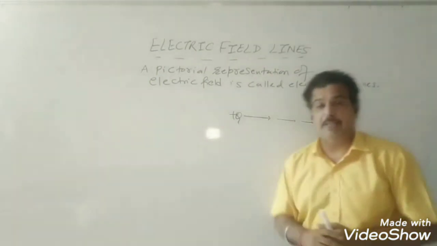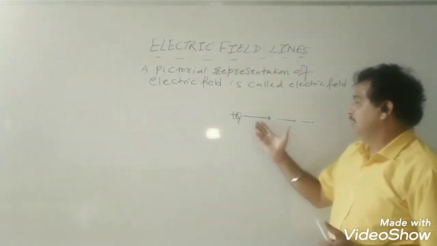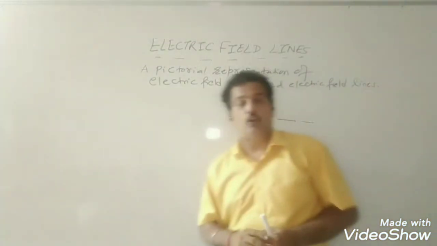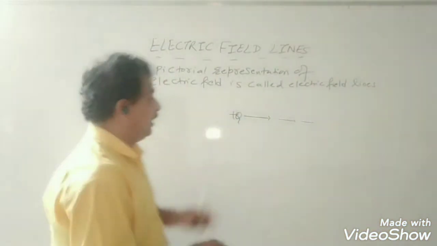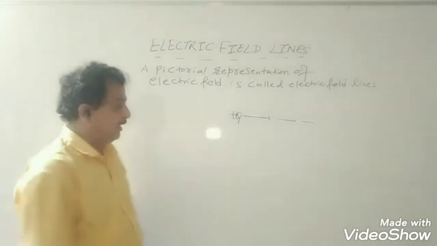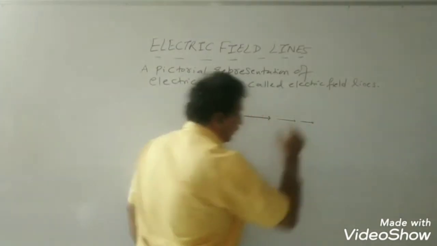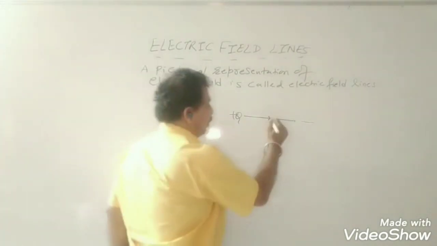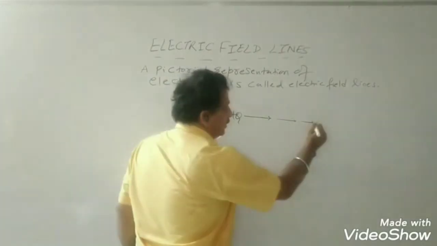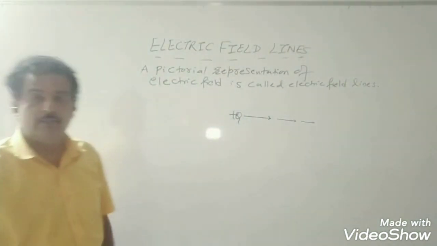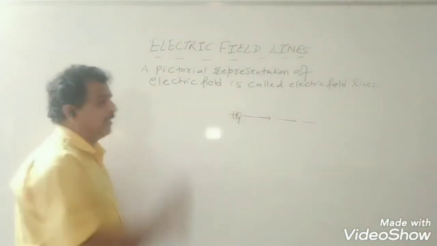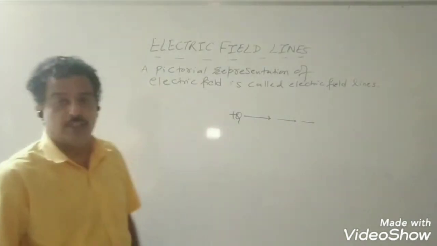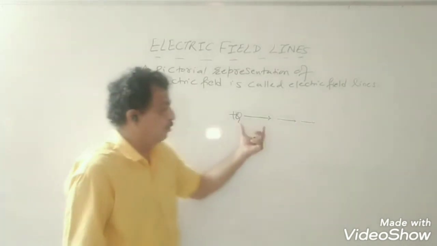Again, I am repeating, this arrow indicates the direction of the motion of the test charge if it is allowed to move freely, and the length indicates the intensity. Say this is point P, this is point R, this is point S. So intensity will keep on decreasing. So this arrow indicates the motion of the test charge.